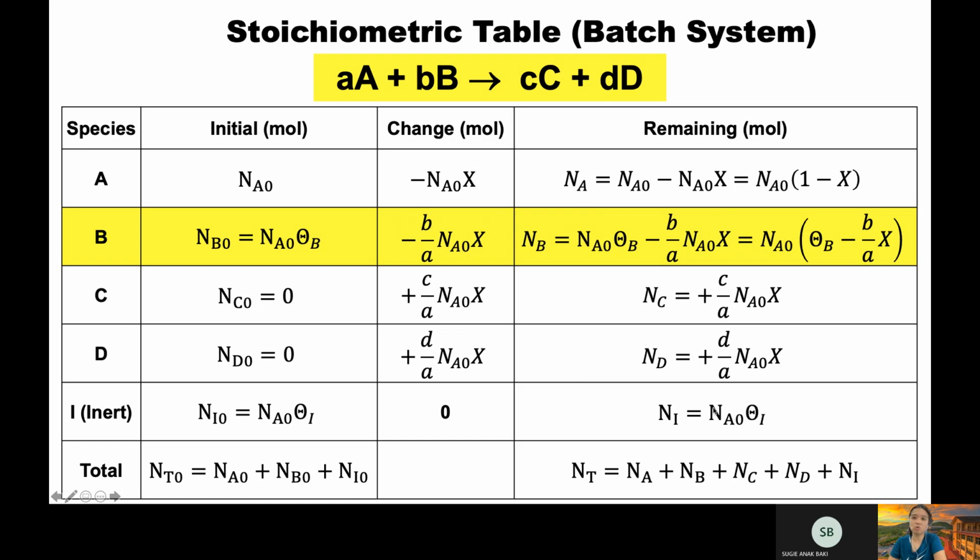So we have already deduced the remaining amount of A, B, C and D in the form of number of moles. And don't forget, we have to calculate the total remaining. So katakanlah remaining NA is 5. NB, let's say 4. So NA plus NB, 4 plus 5, 9. Let's say NC, 2 plus 2, 11.